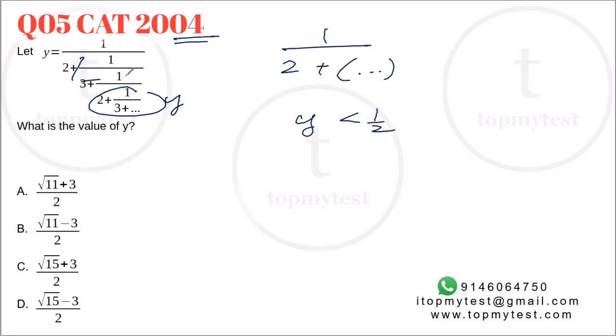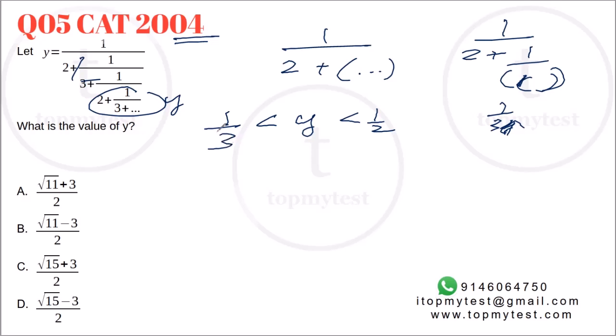Similarly, if I take another set, now if this number was 1, this number will become 1 by 2 plus 1, which is 3, right? But this number is a larger number. So this number has to be lesser than 3, which means y has to lie between 1 by 3 and 1 by 2, between 1/3 and half, or 0.33 and 0.5, right?